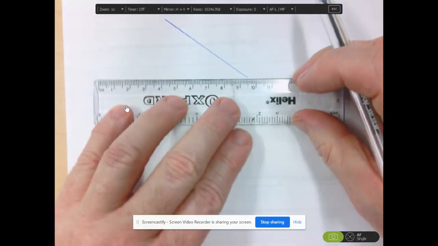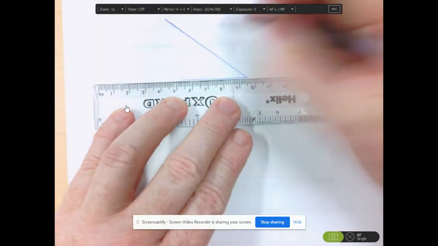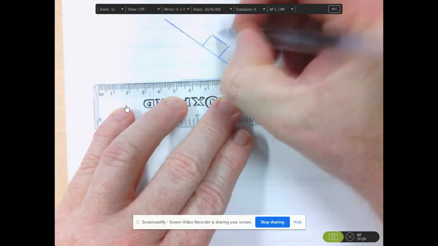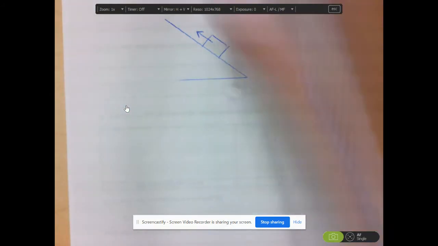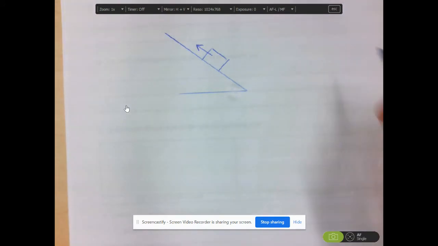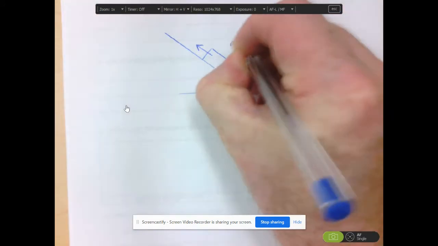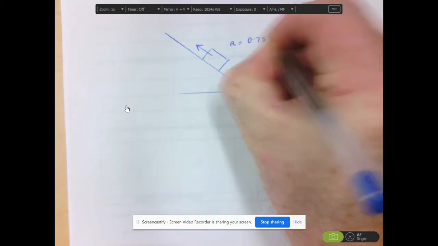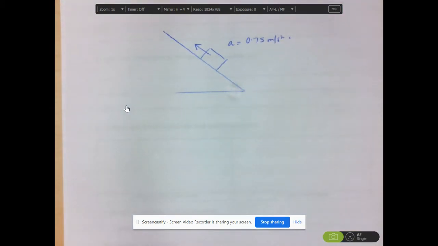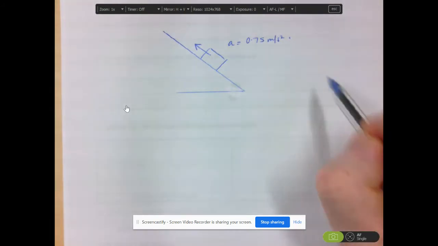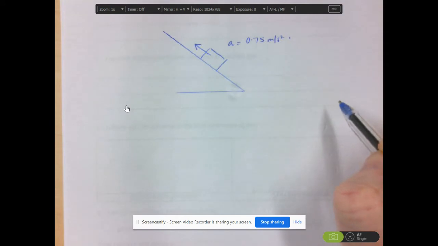So here's our plane and here is our car. And this time the car is going up the plane, and the acceleration of that is 0.75 meters per second squared. One fundamental thing that we need to remember about friction is that it always opposes the motion.